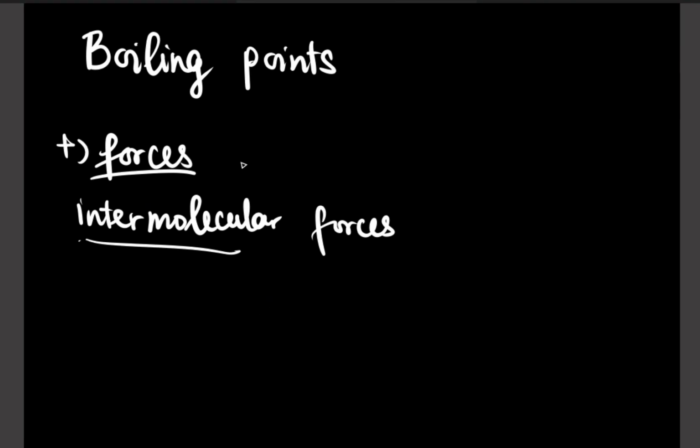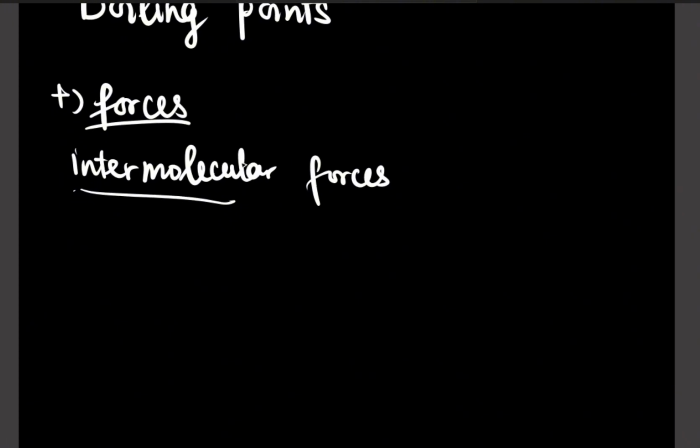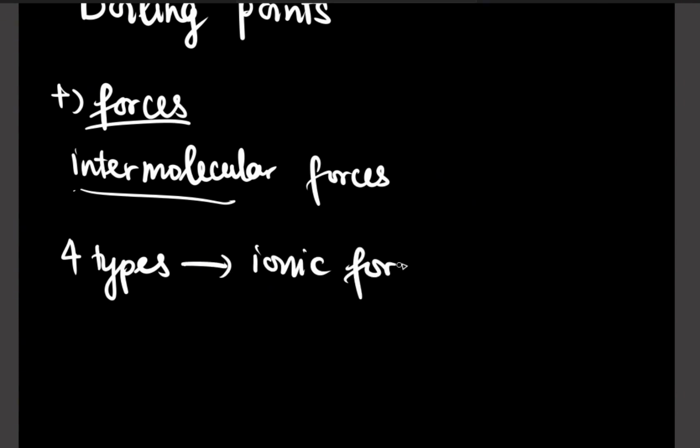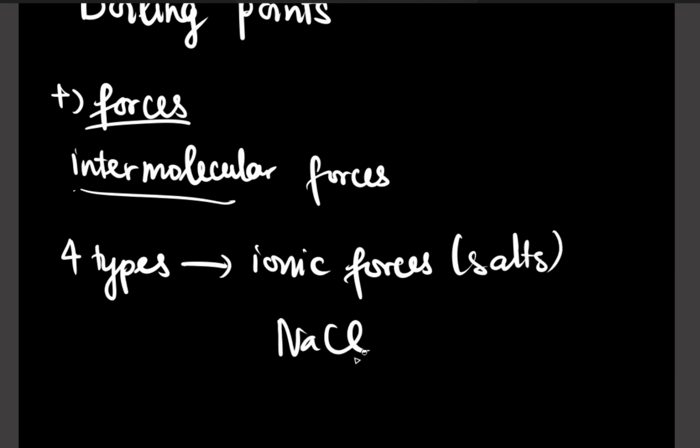Okay, so when we talk about intermolecular forces, we need to take a look at 4 general types of these forces. So the first type is the ionic forces. We can see these forces are present in salts. So let's take a look at sodium chloride, right?